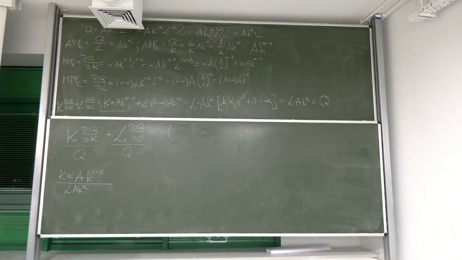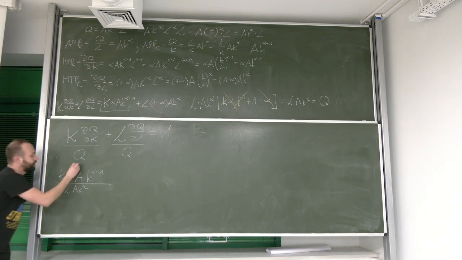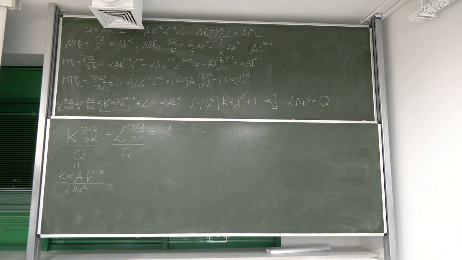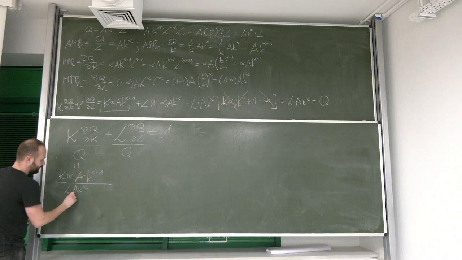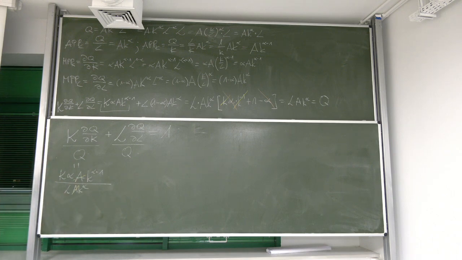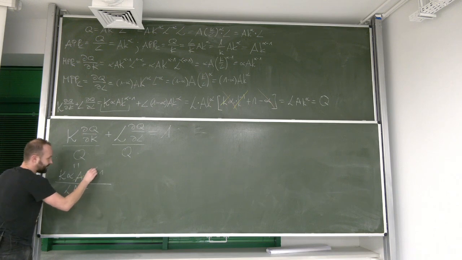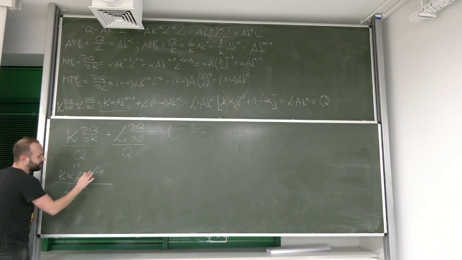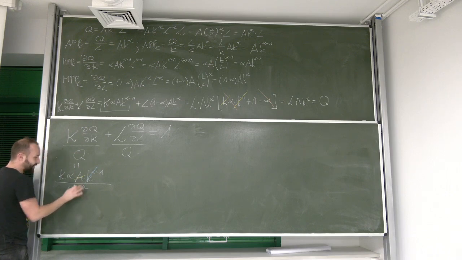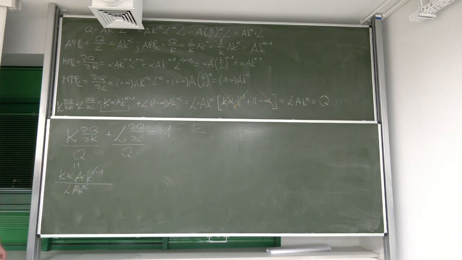So, what can we do with this? Look, we see that definitely A's are canceling each other out. However, we also see that capital labor ratio to the power alpha and capital labor ratio to the power alpha are canceling each other over here.